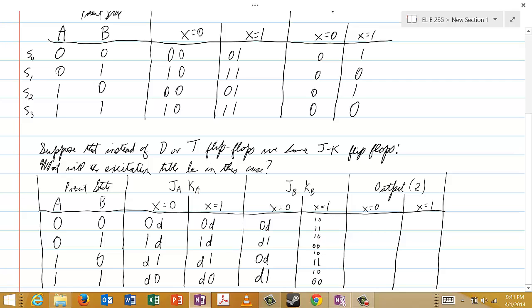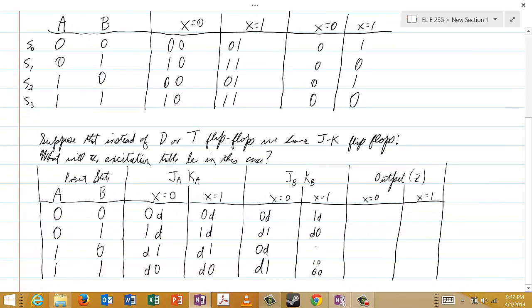And so now each one of these, of course, can be summarized more briefly. The two up here, 1, 0 and 1, 1, is 1D. 1, 0 and 0, 0 is D0. 1, 0 or 1, 1 is 1D. And 1, 0 or 0, 0 is D0.